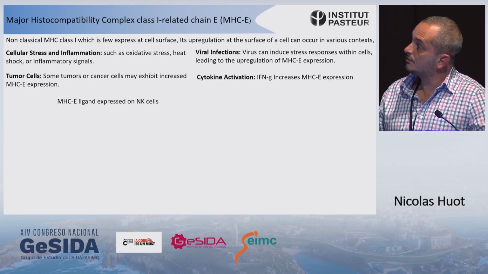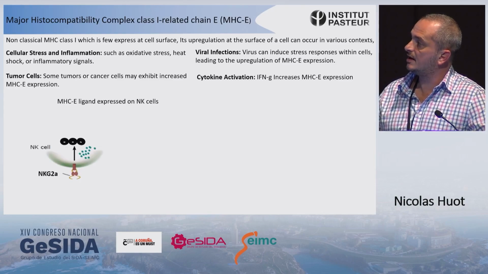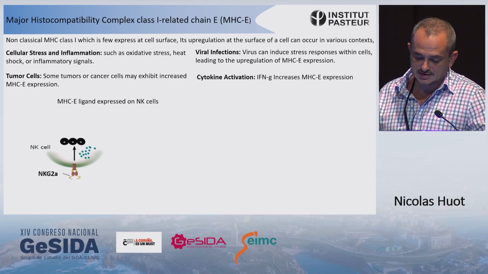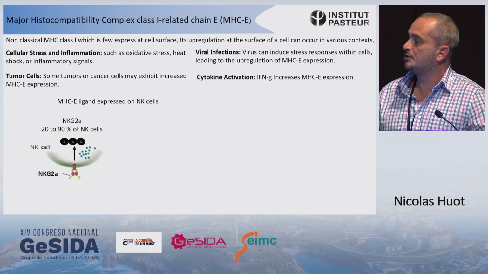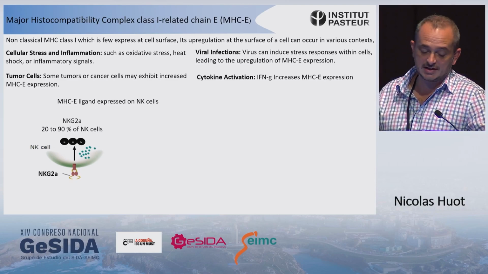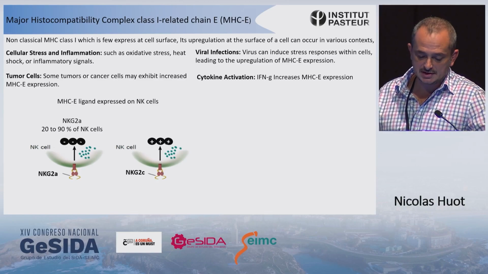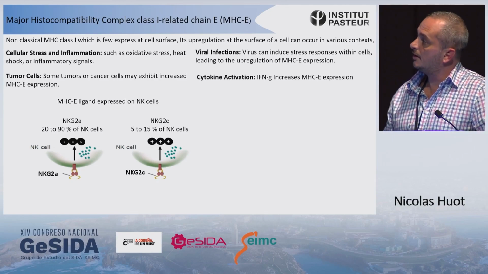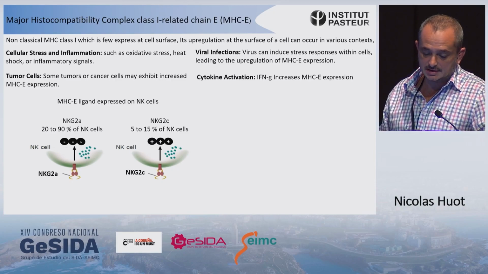So the two main receptors known to recognize MHC on the stressed cell and expressed by NK cells are NKG2A, which delivers an inhibitory signal to the cell, and NKG2A is in humans present on 20 to 90% of NK cells. And their counterpart, NKG2C, which delivers a positive signal allowing the killing of the cells, represents only 5 to 50% of NK cells in healthy individuals.